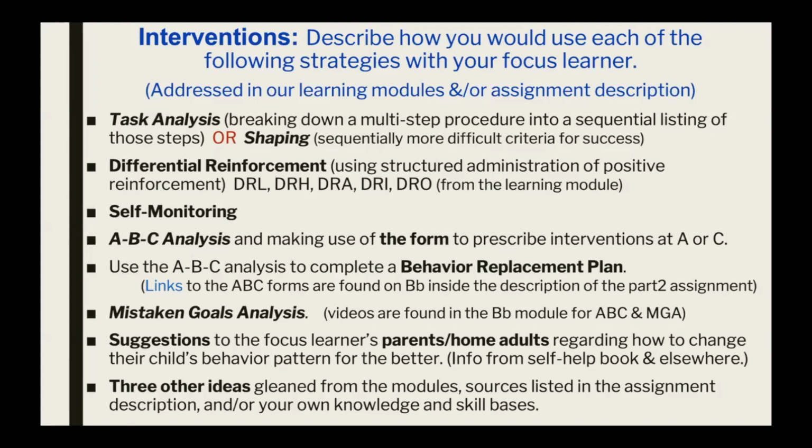Yeah, you reward what you want to see, but there are different versions of it. There's DRL, differential reinforcement of lower rates of the behavior, that the student will receive a reward, reinforcement, if the student reduces the number of times they show that aberrant, inappropriate, errant behavior.